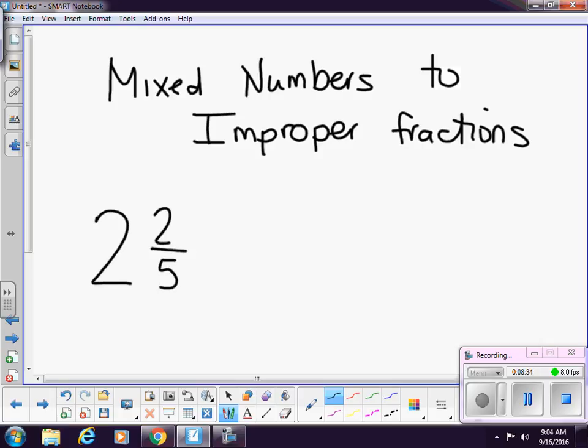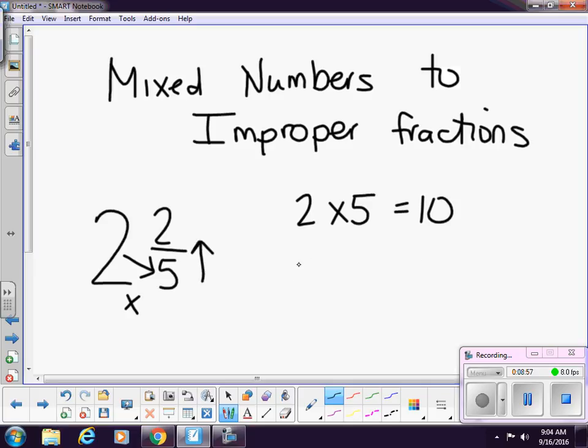2/5, okay, your action is you're going to take your whole number and multiply by the bottom. So 2 times 5, and I'm just going to write it over here, 2 times 5, okay. Then you're going to add the top number.